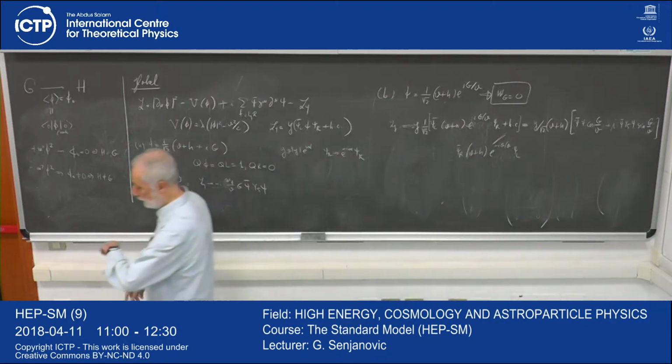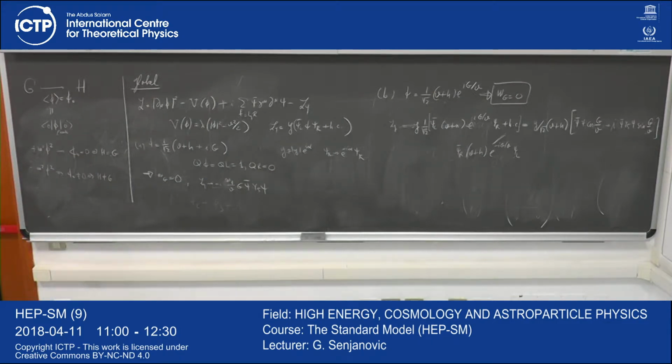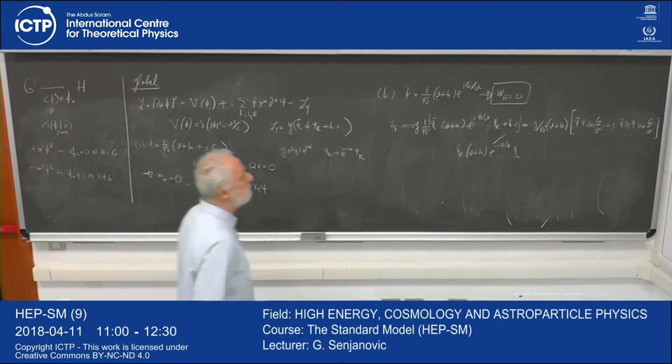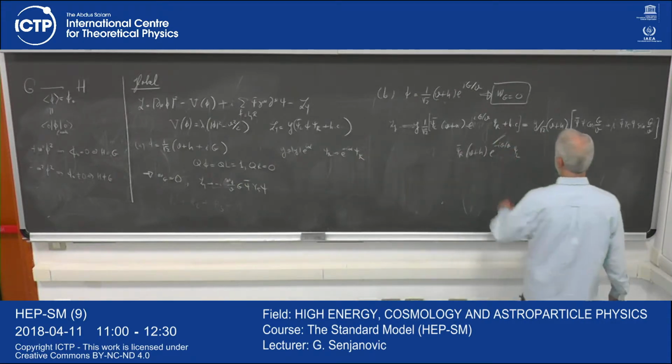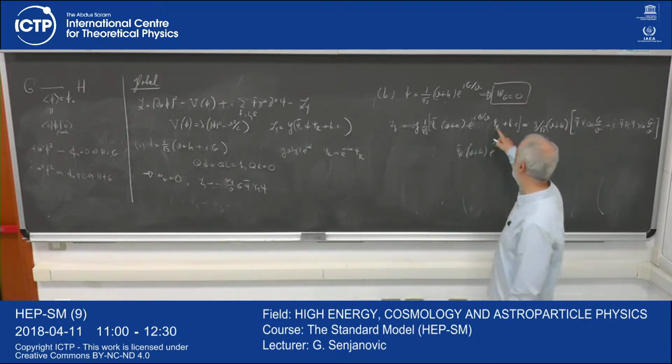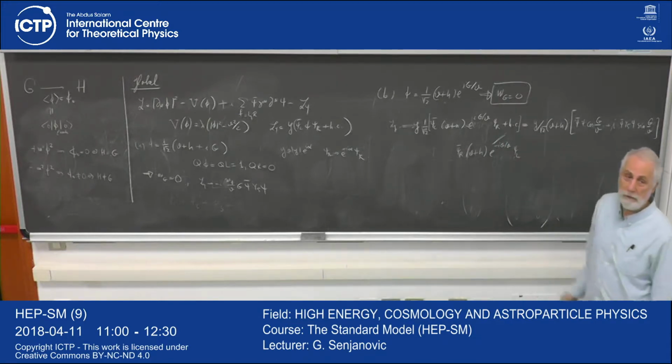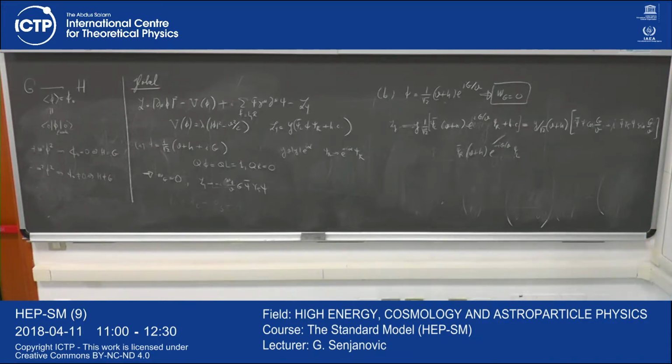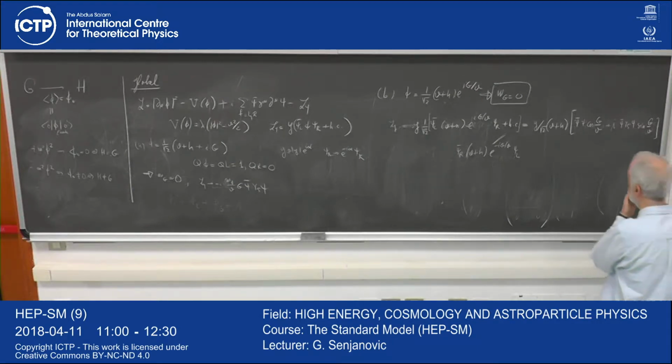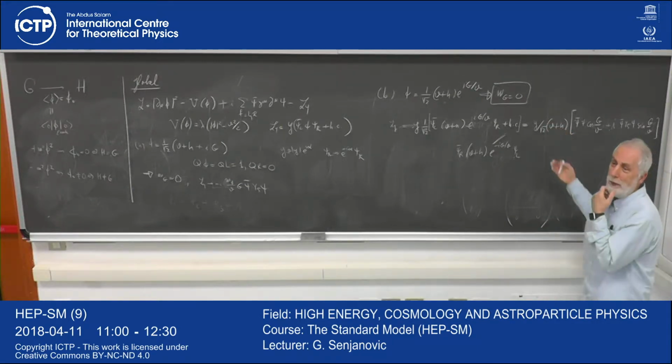I'll let you for 1 minute convince yourself. This had 1 plus gamma 5, this 1 minus gamma 5, so you take a difference. When you take a difference, you get the sign. And there is a factor y, and there should be a factor of 2. No, because there is 1 plus gamma 5 over 2, so I think I'm right. I'm ahead of you still. You see, it was not so advantageous, okay?